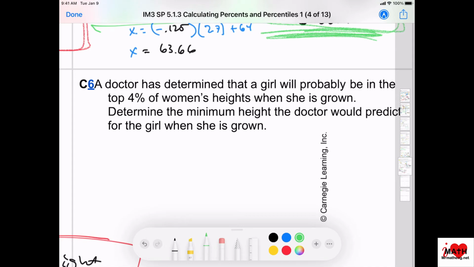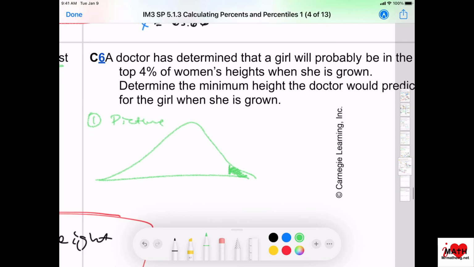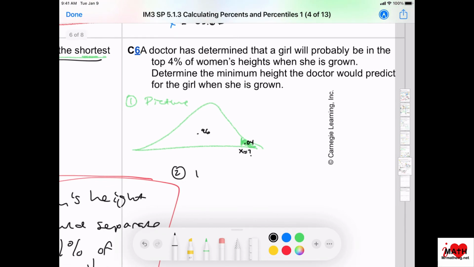The doctor has determined that a girl will probably be in the top 4% of women's height when she is grown. Determine the minimum height the doctor would predict for the girl when she is grown. So let's do a picture. And basically this green area is 4%. That means this area is 96%. And we're trying to find this x value. Let's use our formula.